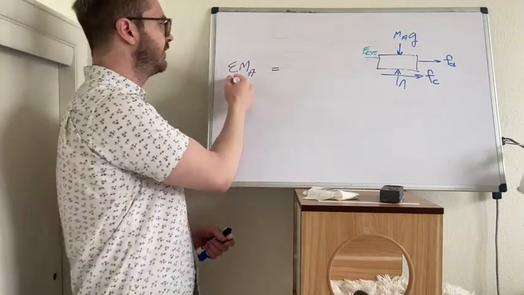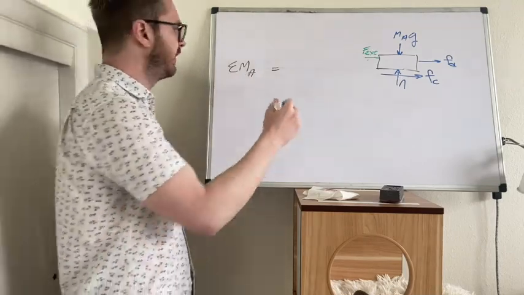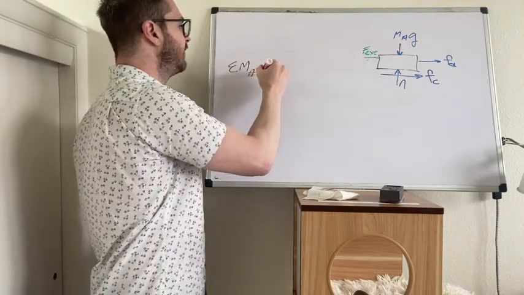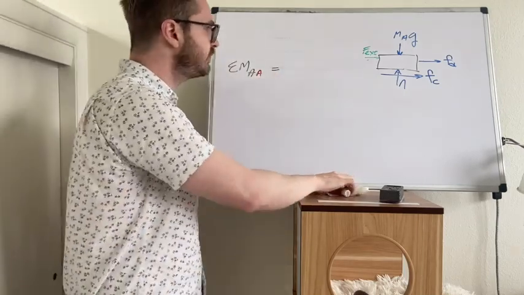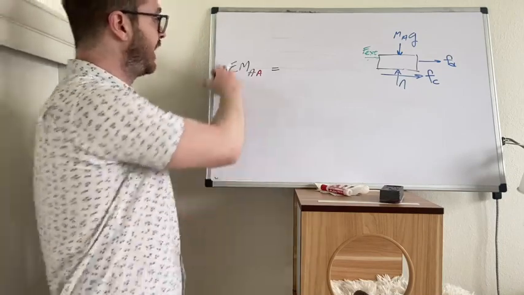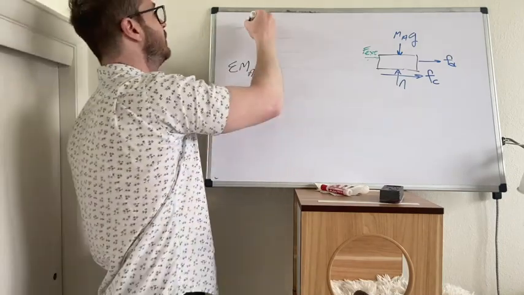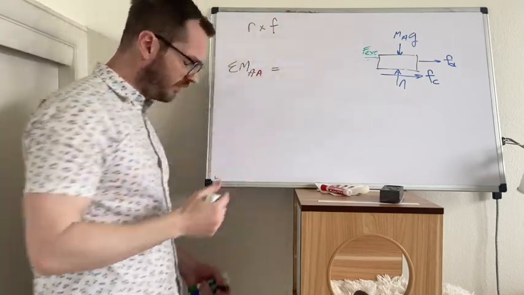If I say the sum of moments on body A, I also have to specify what the points are. So we want to take the moments on body A about point A. So in a very literal sense, how do you find the moments? Well, you probably know this, maybe from physics: r cross F.